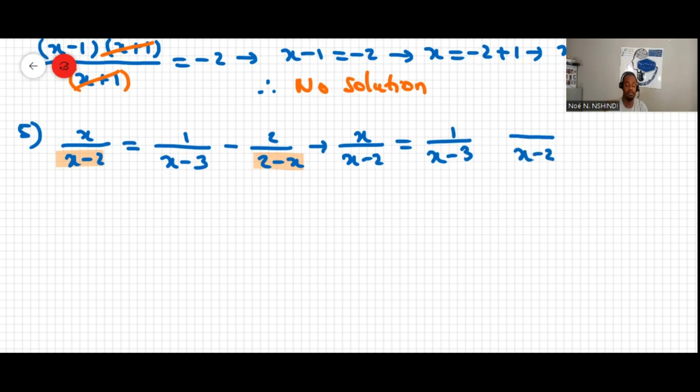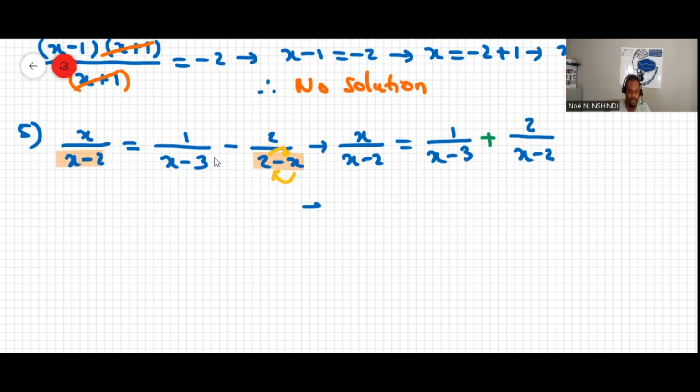It means that at the moment I switch the terms there, I must also change the sign. It was a negative, it becomes a positive there, and then 2 there. This is acceptable. Now we have a common denominator, so we can find the LCM.